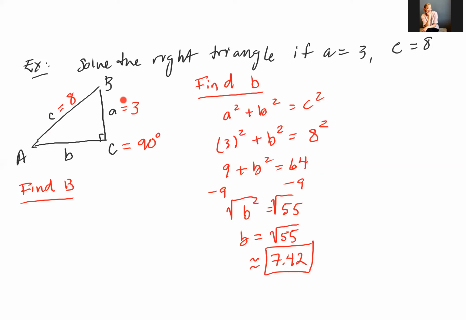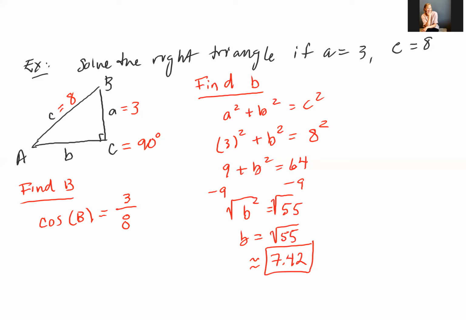Because I know these 2 features of the triangle, I can use the cosine because that brings in the adjacent and the hypotenuse. So I know the cosine of angle B, which I don't know, is equal to the adjacent, which is 3, over the hypotenuse, which is 8.